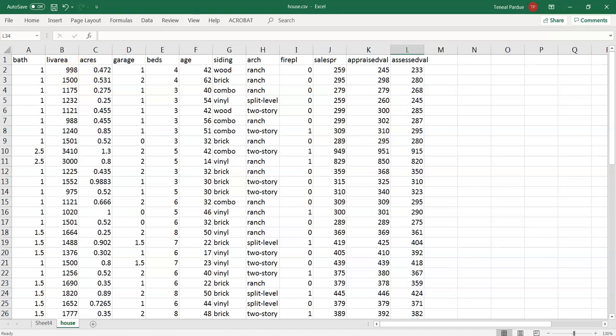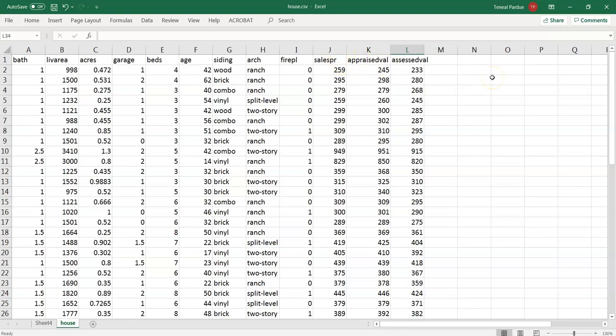On the other hand, we might want to compare the sales price versus the appraised values. These are on the same units. These are both in thousands of dollars. And it might be interesting to see how close the sales prices are to the appraised values.